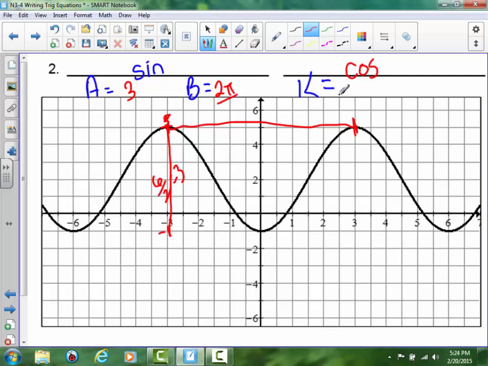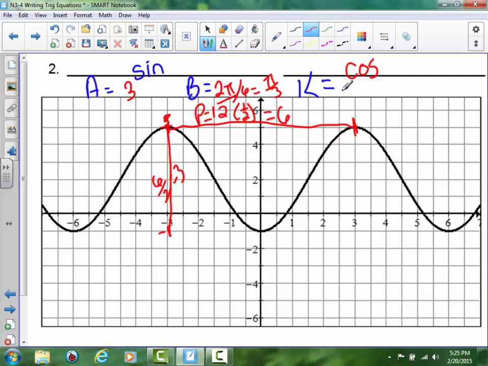Okay, so here we're counting by halves, so that's 1, 2, 3, 4, 5, 6, 7, 8, 9, 10, 11, 12, and my units are halves, so that means that P is 6. So B would be 2 pi divided by 6, or simply pi over 3.